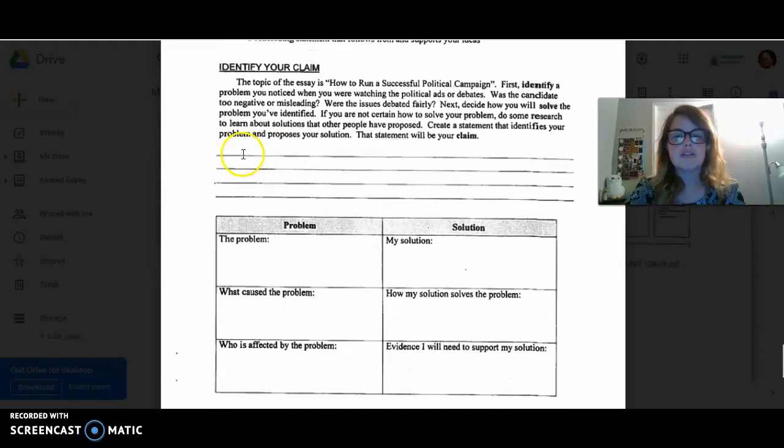So here I might say like, candidates argue too much. So candidates attack each other more than discussing the issues at hand, right? So maybe my solution is that the candidates don't have interaction with each other or are penalized for attacking each other, right?